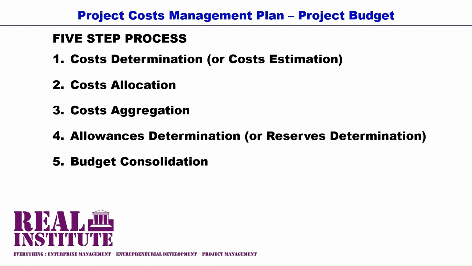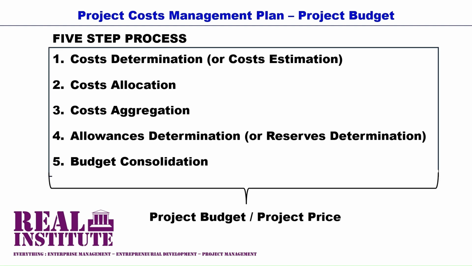The project cost management planning process is carried further by determining the project allowances or project reserves, such as the contingency reserve and management reserve, and then finally consolidating the project aggregate and the project reserves into a project budget or into a project price.